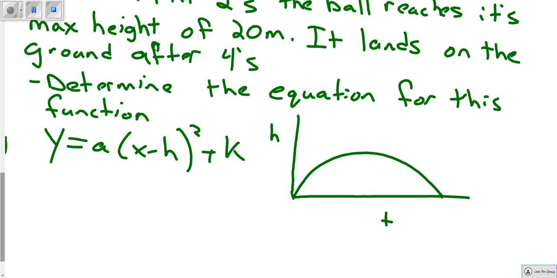Right? So, we know it reached a maximum height at 2 seconds, and its height was 20 meters. And we know it landed back on the ground after 4 seconds. So at 4 seconds, it's 0. Now, if you really want to go crazy, you know at 0 seconds it was on the ground as well.